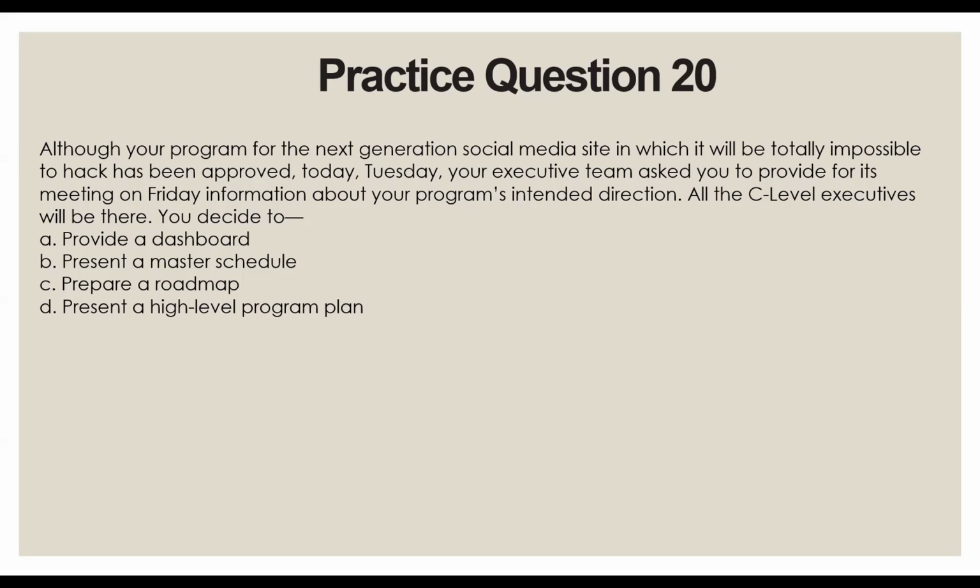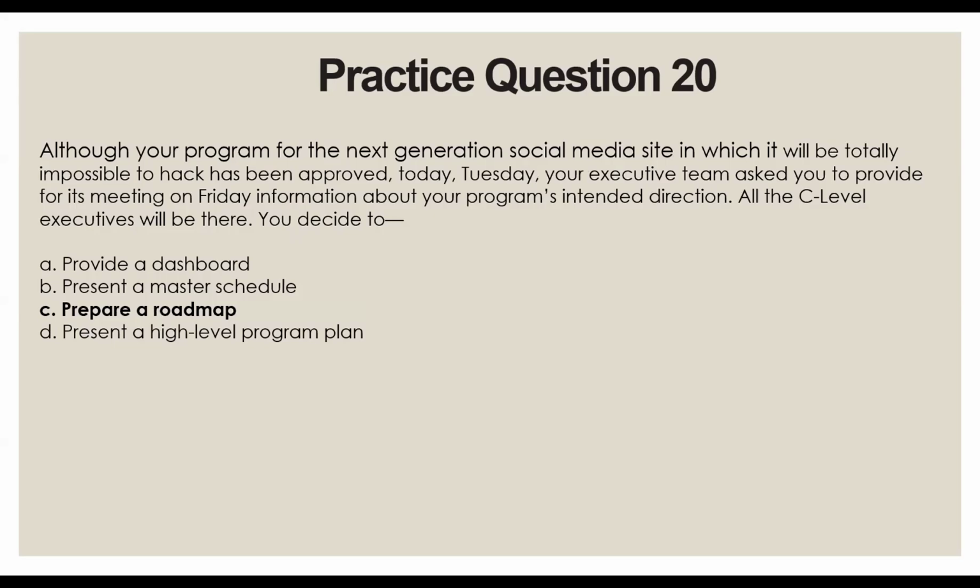All the C-level executives will be there. So you decided to present what? If it is intended direction, what should be the document? Roadmap. The roadmap, right? So should it be delta? C, sorry. C, a roadmap, right? Is that okay, Charlie? Yeah.